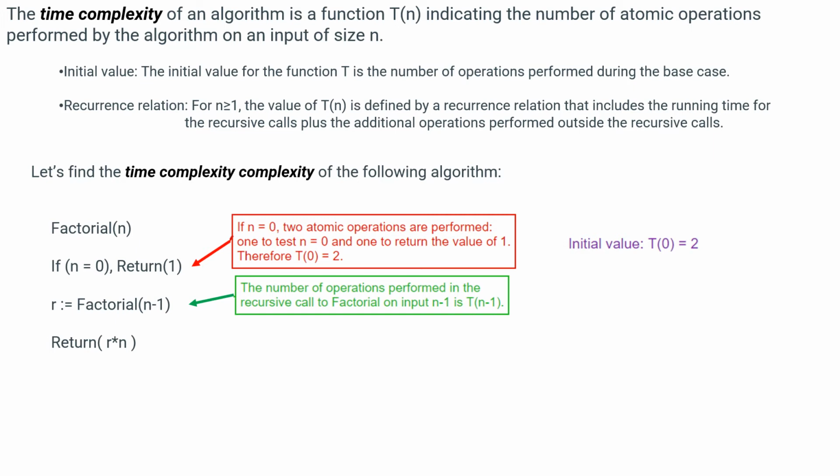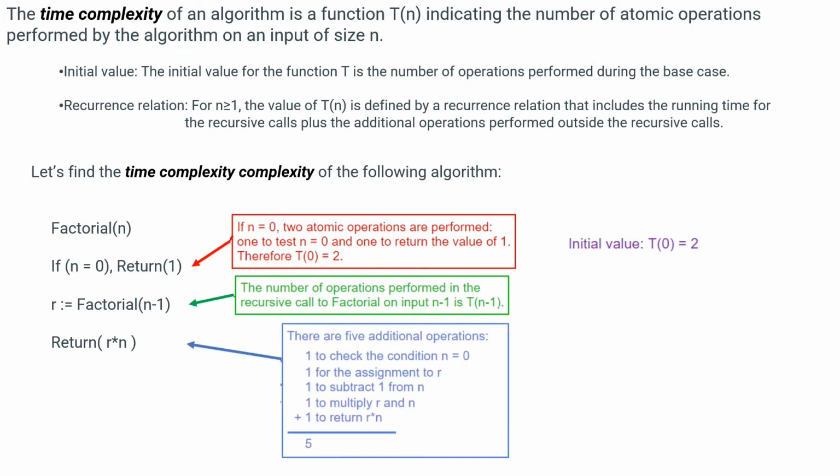So we've got that much, but then also we've got a few other little things here, and up here it says plus the additional operations performed outside the recursive calls. So we'll count those up too. So they counted 5 here. 1 to check for the condition n equals 0.